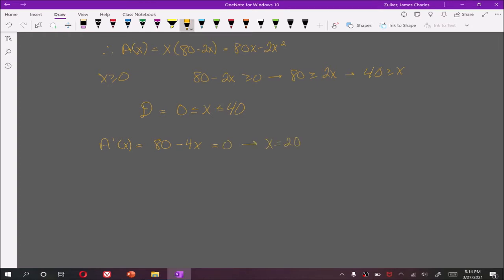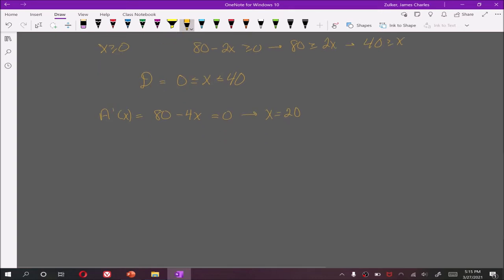So that is the critical value for our area function. Now remember, extrema can only occur at the endpoints or at a critical point. To determine if this is going to be a min or a max, take A double prime of x, which is negative 4, which means that A double prime of 20 will be less than 0, which means 20 results in a max.